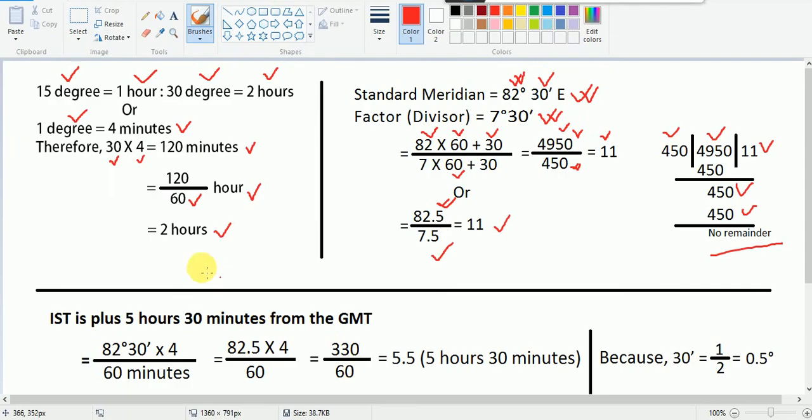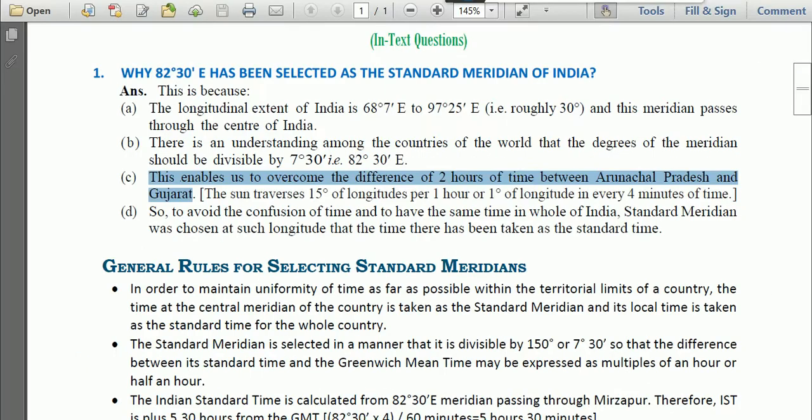As given here, the time difference is 2 hours because the longitudinal difference between Arunachal Pradesh and Gujarat is 30 degrees. As I mentioned earlier, the sun traverses 15 degree of longitude per hour, or 1 degree of longitude for every 4 minutes of time.